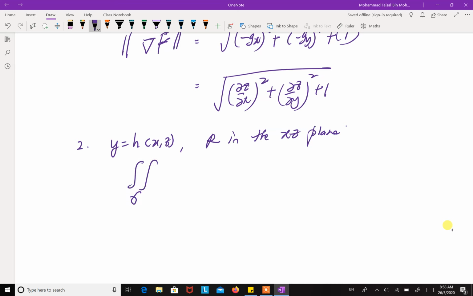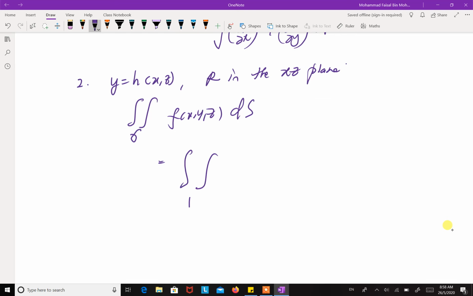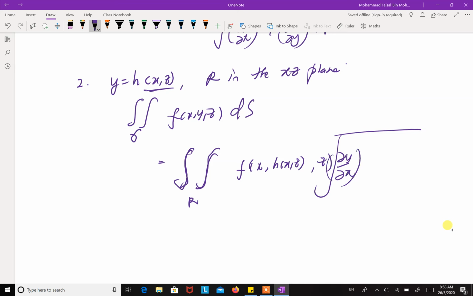So your integration under sigma f(x, y, z) dS will be the double integration under R of f(x, h(x, z), z), making sure your function is all in x and z, times the square root of (del y over del x) squared plus 1 plus (del y over del z) squared dA.